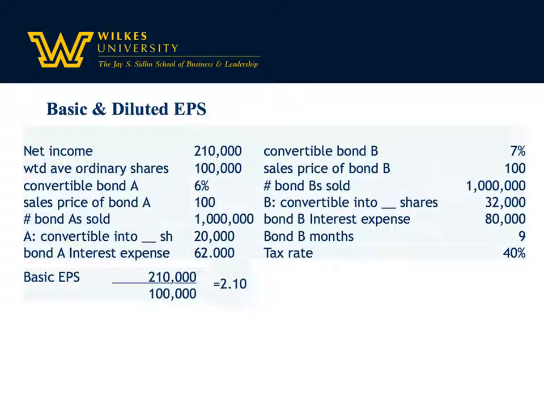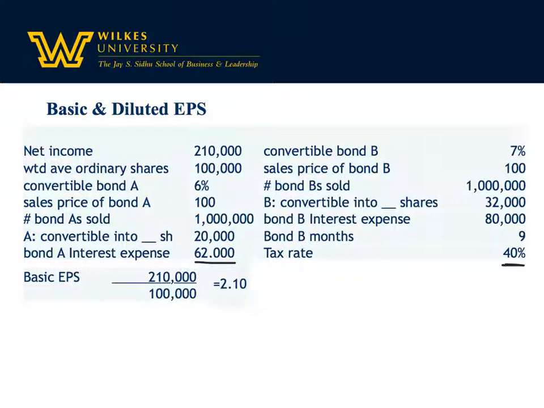And while we just talked about diluting the earnings per share by increasing the number of shares, there's a benefit to this. If those bonds were converted, there wouldn't have to be the interest expense of $62,000. That would have been saved. So net income would have been higher by $62,000. But if it's higher by $62,000, it also would have been taxed. So it's not quite $62,000 that's higher.